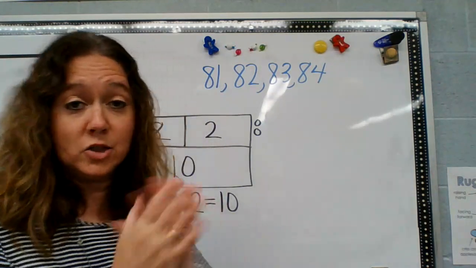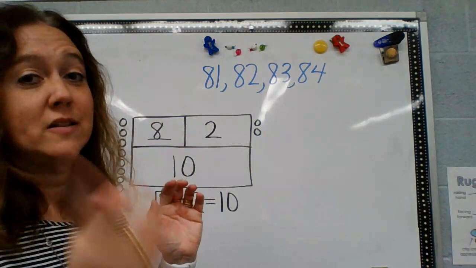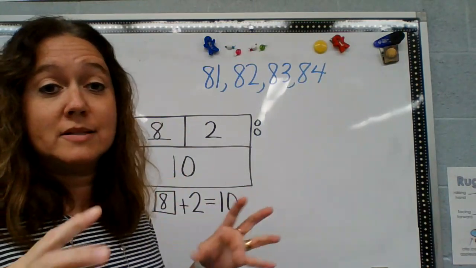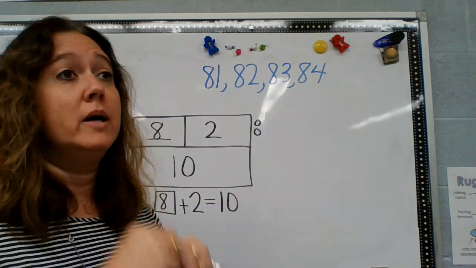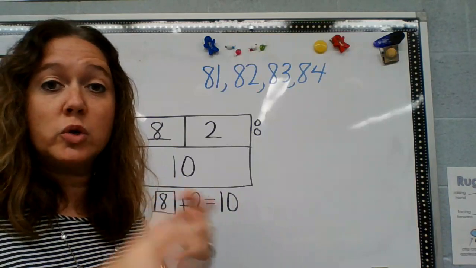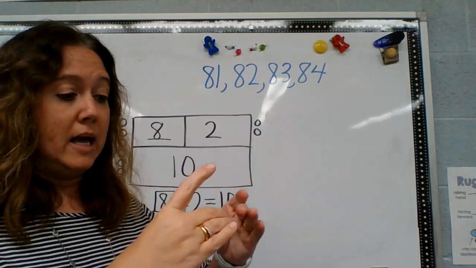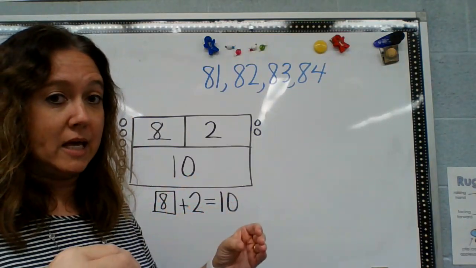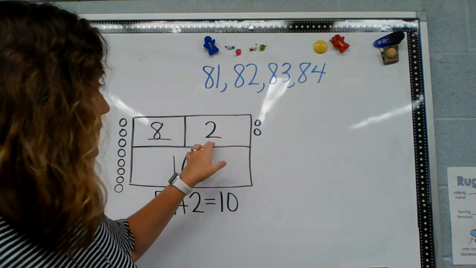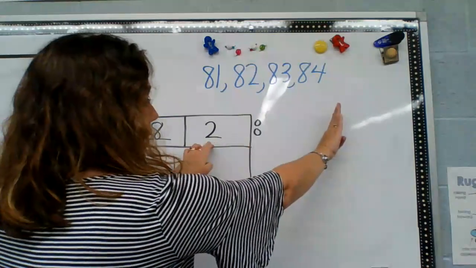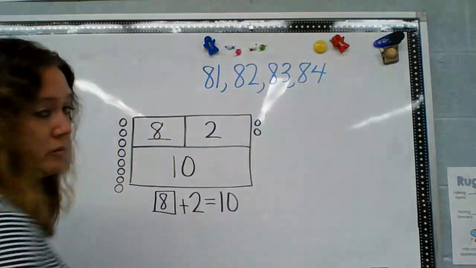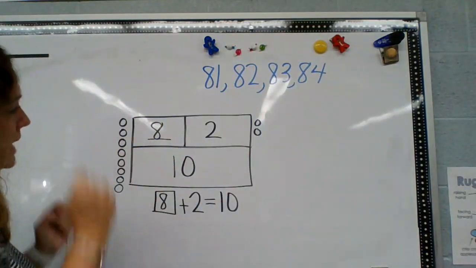If you wanted to, instead of drawing, I should have said this also, if you had cereal or buttons or something, you could use that too, and then have out 10, have 2 go away. How many would be left? But I don't know if everybody has that.